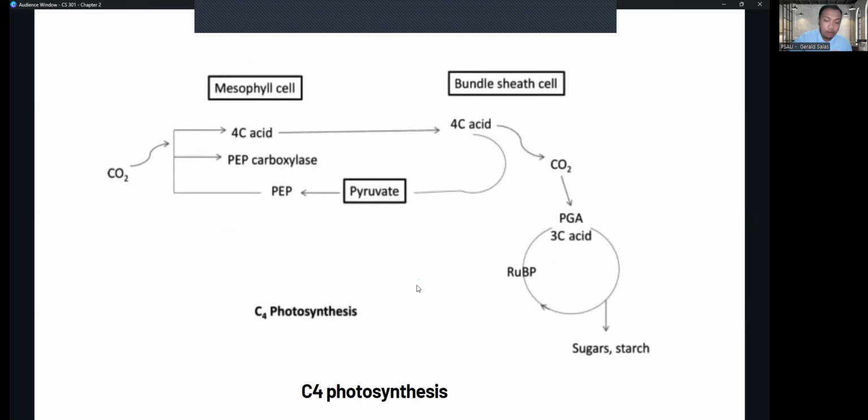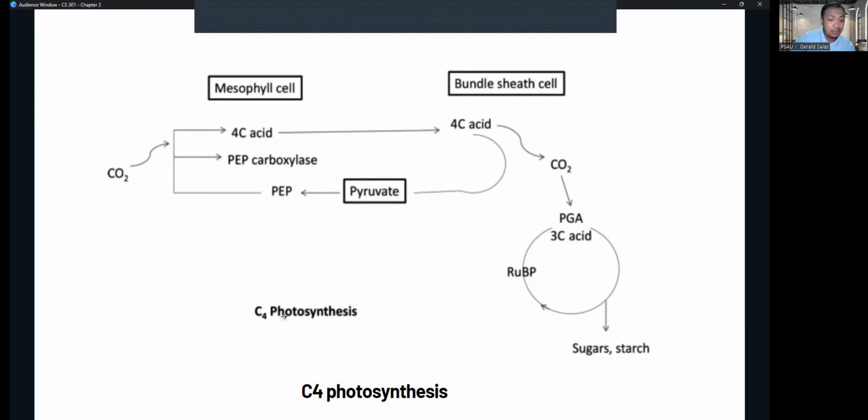Now, C4 photosynthesis, this time the process actually occurs in the mesophyll cell and bundle sheath cell. It occurs in these C4 plants, which are plants that can grow in a drier climate.